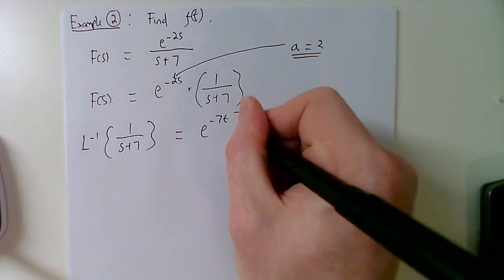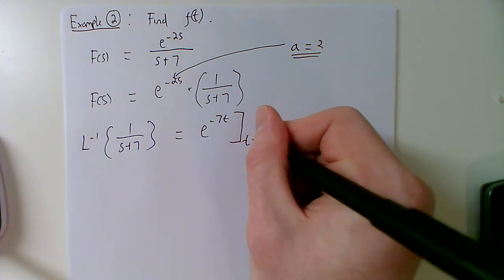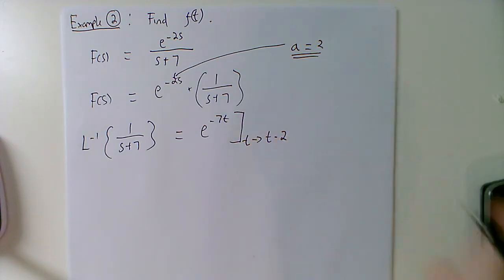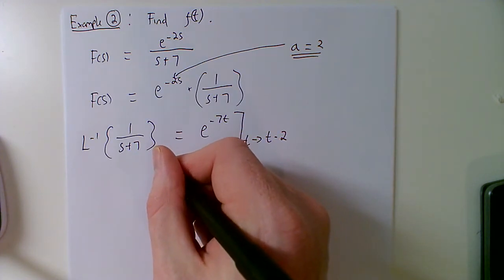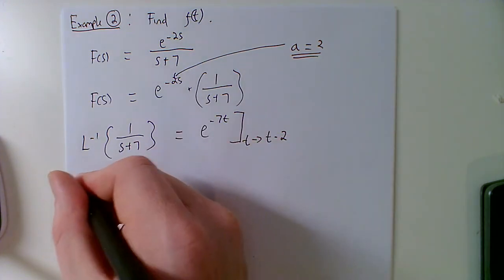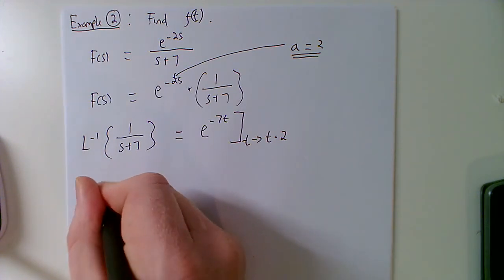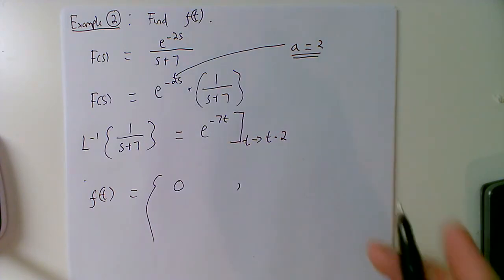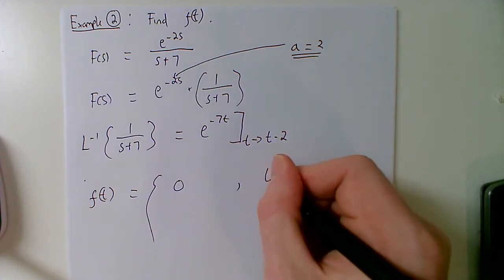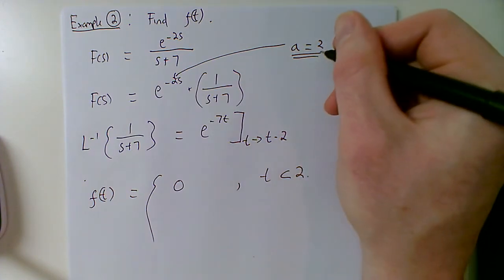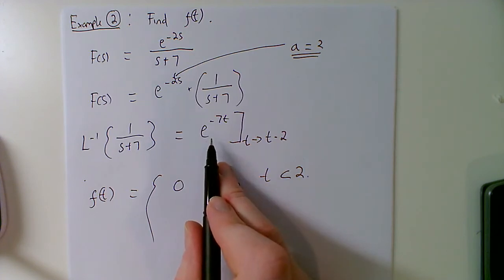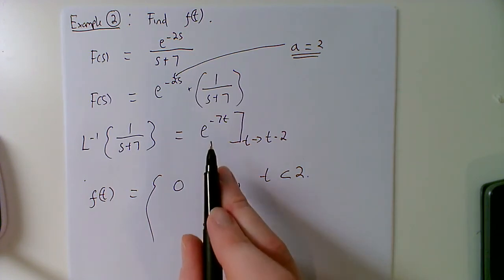But remember, my formula tells me that t always has to become t take away a in this second shift theorem. So that means that we've got 0 everywhere before 2, and then this everywhere at and after 2.